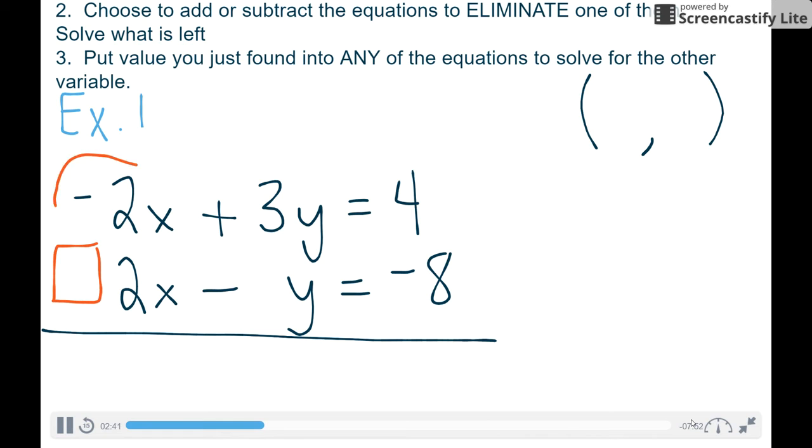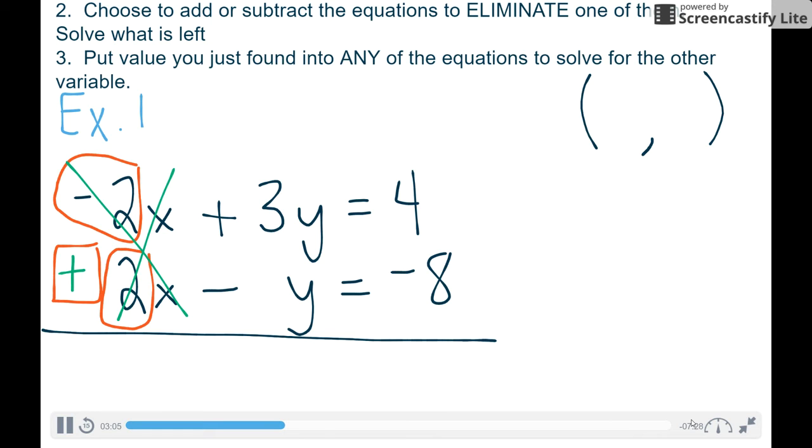This negative 2 and this positive 2 can cancel, but they will only cancel if I add. So I'm going to put an add sign in here, because when I add, those are going to eliminate. Literally negative 2 plus 2 is 0x, so I'm going to put a big X through them. I do not write 0x down there. That's not really going to help, so just leave it off.